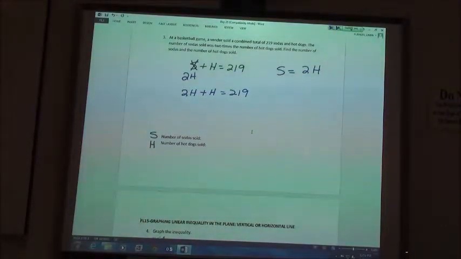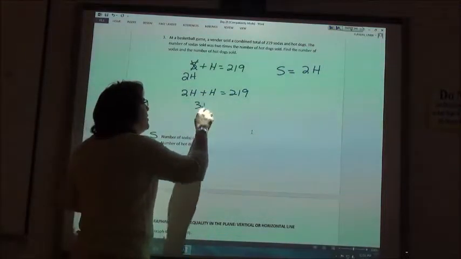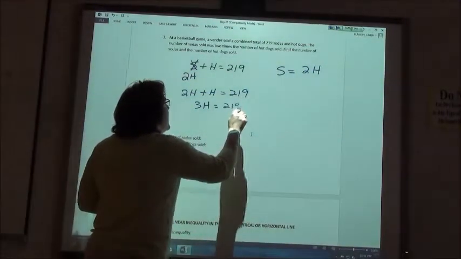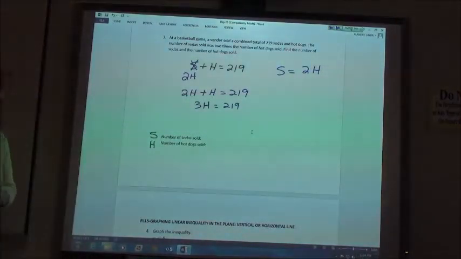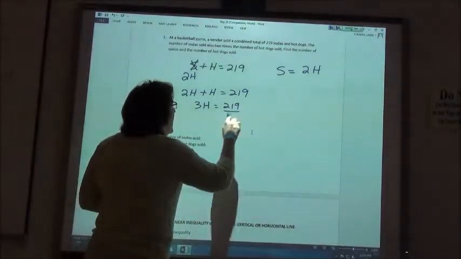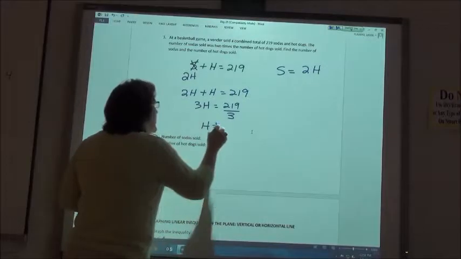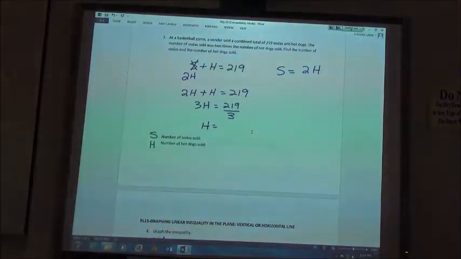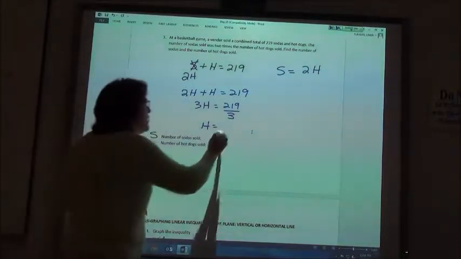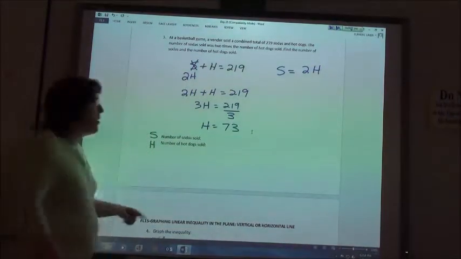I have a 2H plus another H, which would be 3H. 3H equals 219. And then I'm going to divide by 3. 219 divided by 3 is 73. 73 is the number of hot dogs.